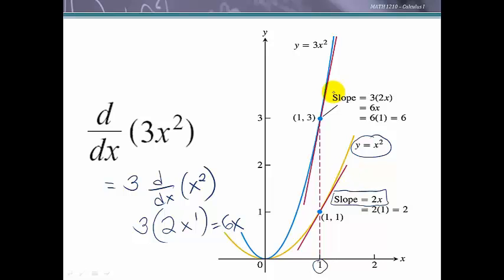Now, if we take a function that is 3 times x squared, then the slope ends up being 3 times 2x, and you can see if we looked at it at 1, this slope is 6, which is 3 times the slope of our function x squared. So we can do the constant later. We can use our power rule, find the derivative of x squared, and then multiply by the constant.